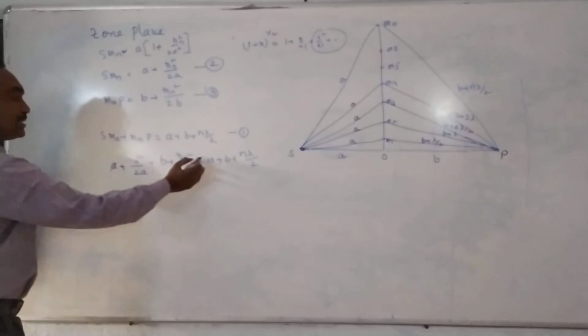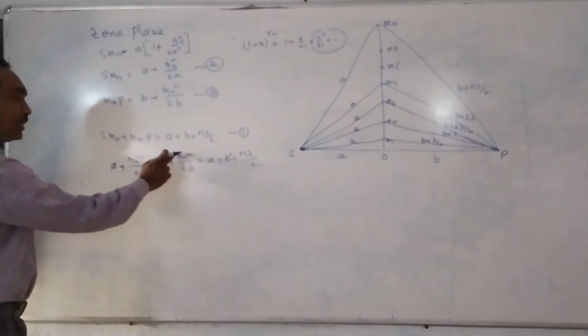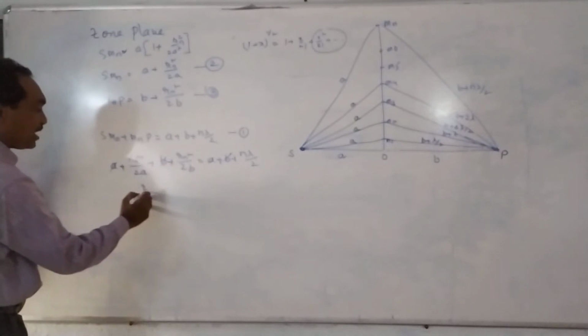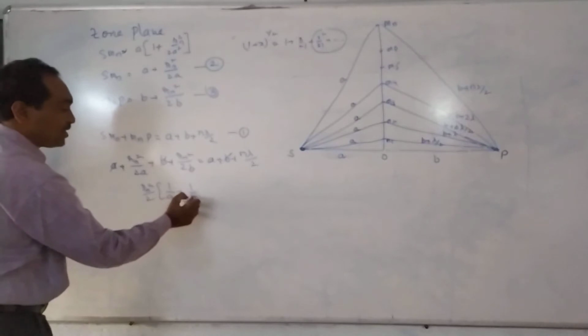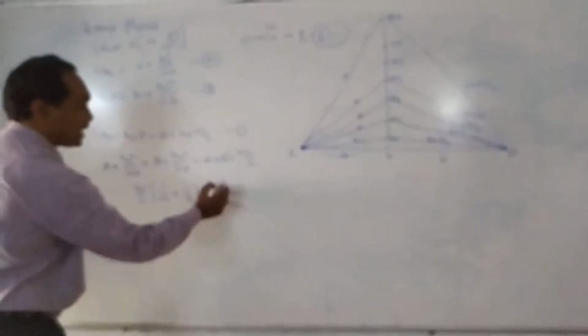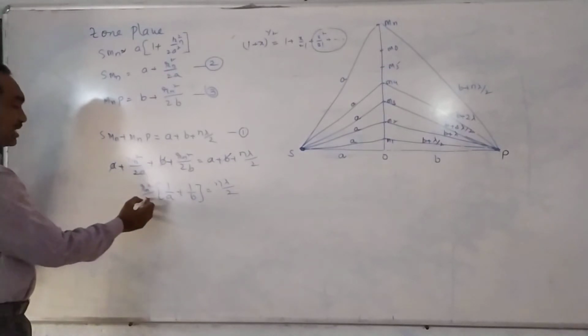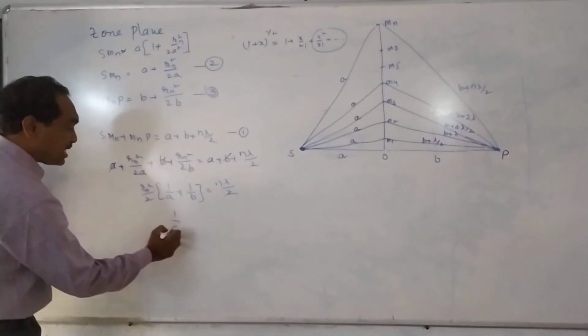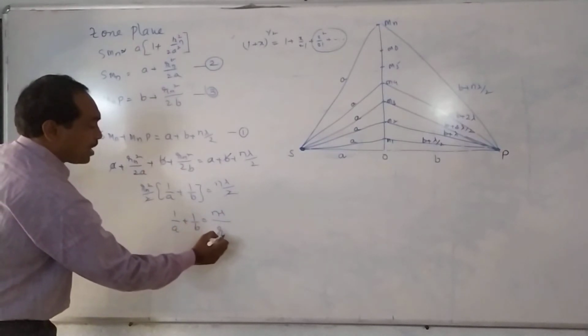Yes, A cancels, B cancels. There is also Rn square by 2 here and here. When Rn square by 2 is taken common, 1 by A plus 1 by B is equal to n lambda by 2. The 2 also cancels. Now 1 by A plus 1 by B is equal to n lambda by Rn square.